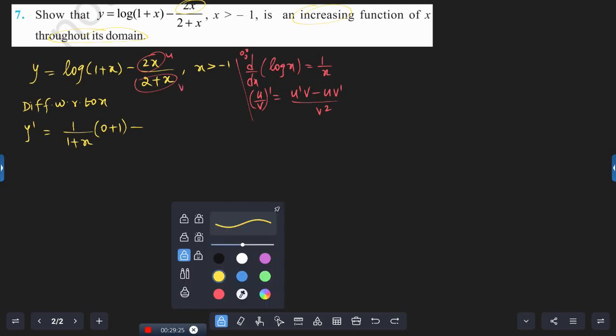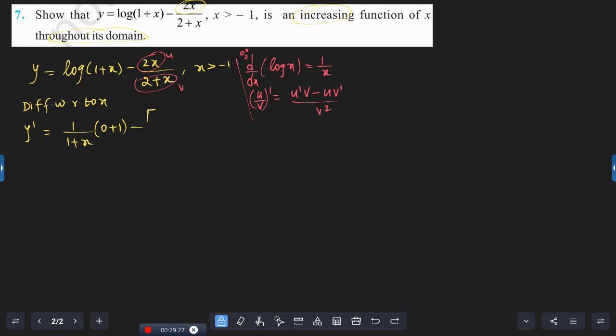Denominator is v squared, 2 plus x whole squared. For u dash v: u is 2x, derivative 1, and v as it is, 2 plus x, minus u, which is 2x, into v dash. Differentiating the denominator, 2 derivative is 0, x derivative is 1, that's it. Now if you simplify, what do you get, that we have to see.